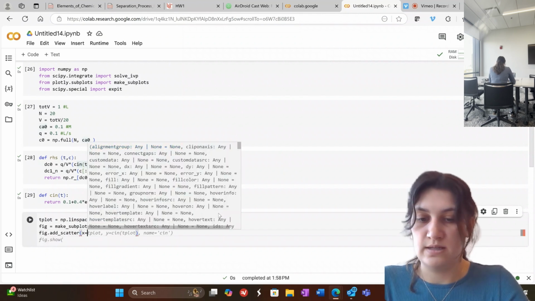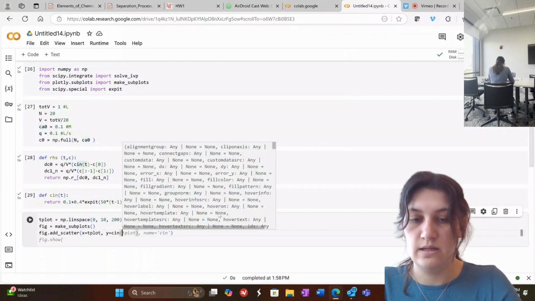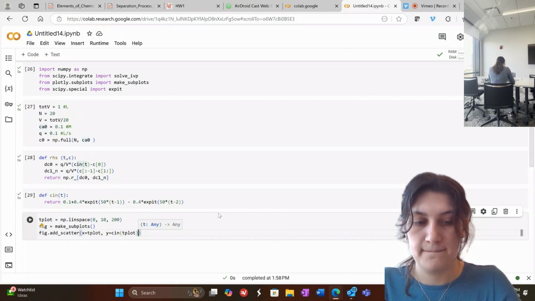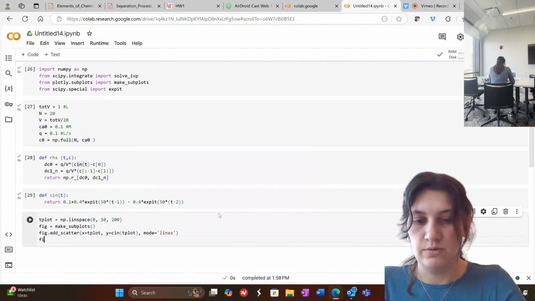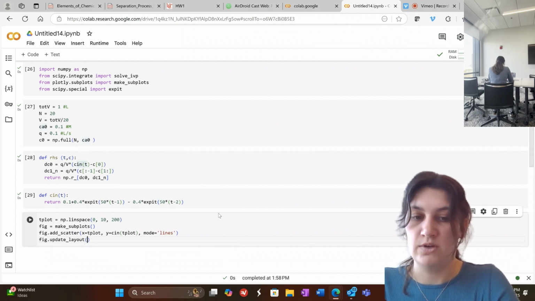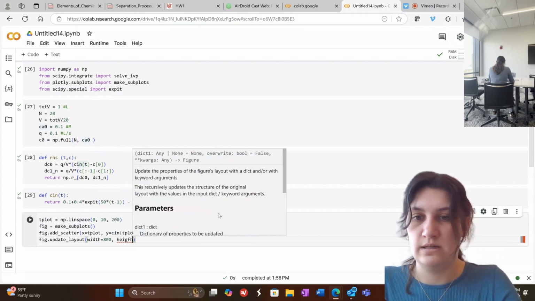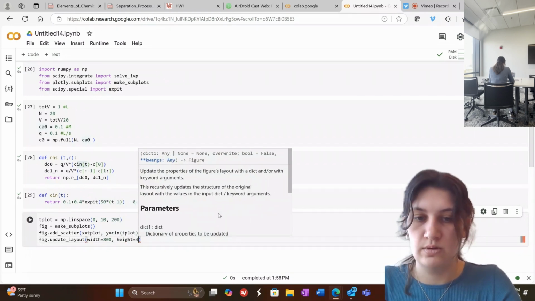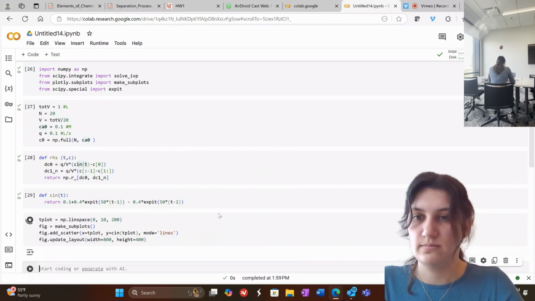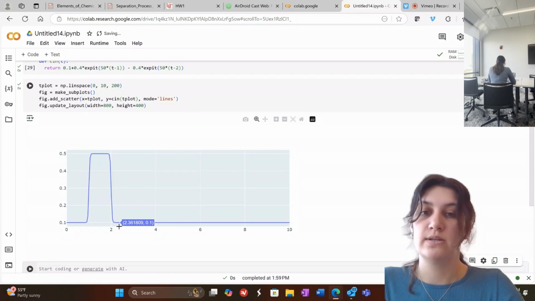Our x-axis is t_plot, our y-axis is c_n of t_plot, and our mode is going to be lines. And then we're just going to update the layout to have a better visual on it. So we have a width equal to 800 and height equal to 400. And there we can see the pulse that goes from 0.1 to 0.5, spanning over t1 to t2.